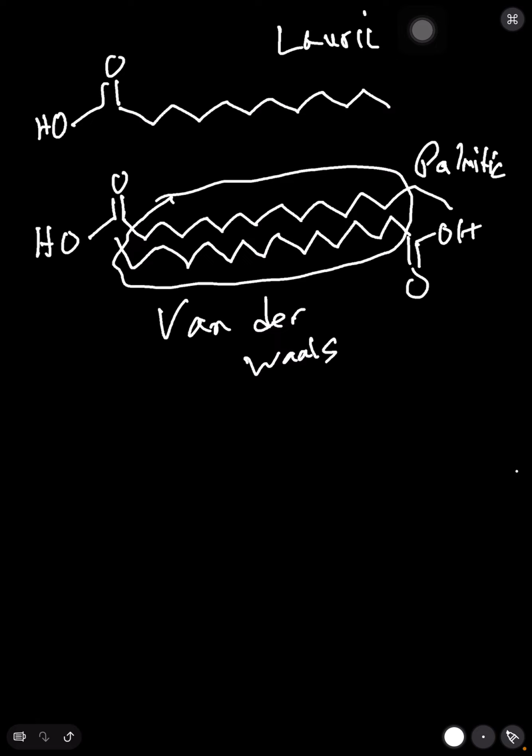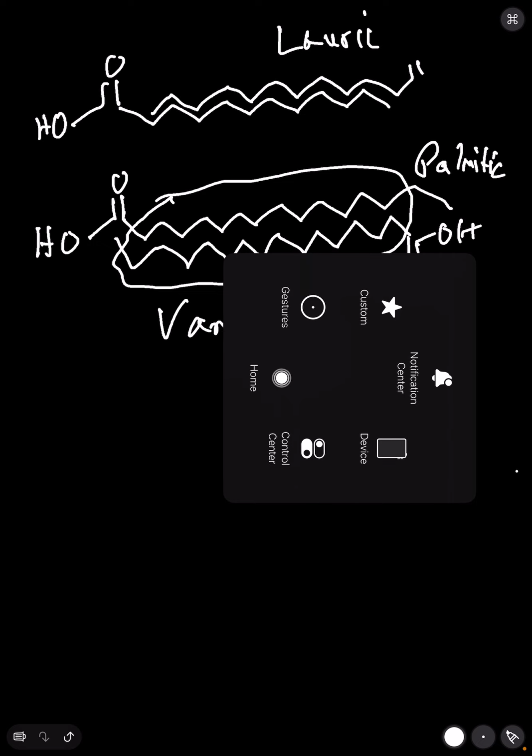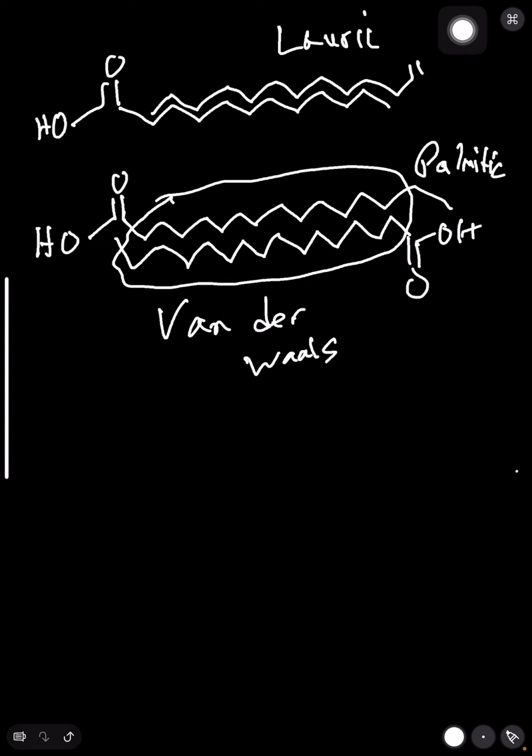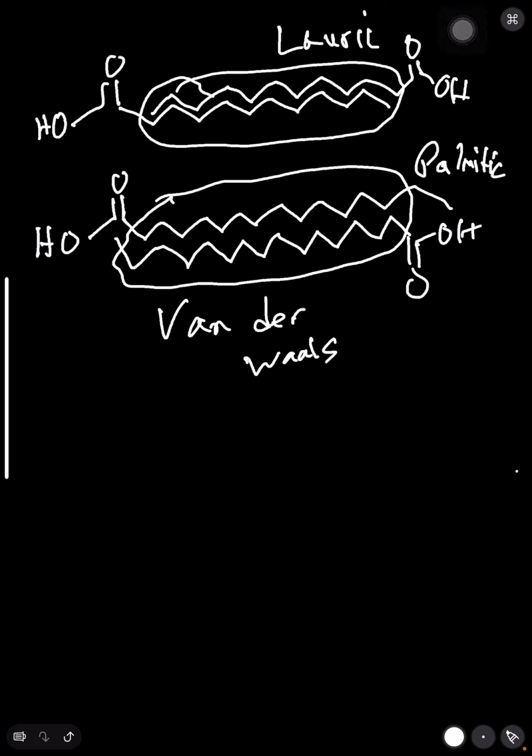And these van der Waals forces act as a weak little glue that holds them together. Same thing for lauric acid up here. You have this region where you have van der Waals interactions.